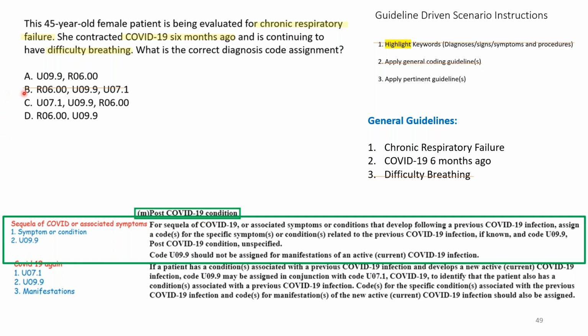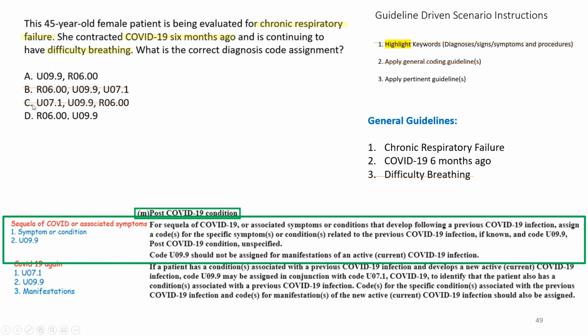We're going to get rid of B because it is coding COVID. Patient does not have COVID. They had COVID 6 months ago, and you can't code U09.9 and U07.1 unless you have both. You got to have COVID and have had it before. So B has to go.